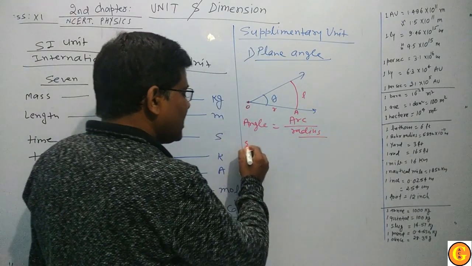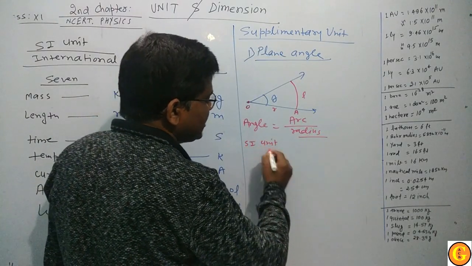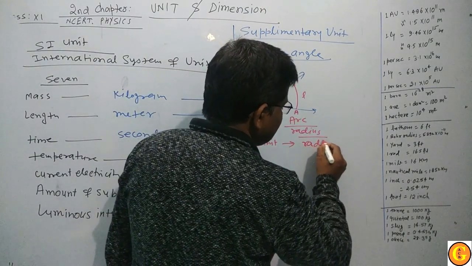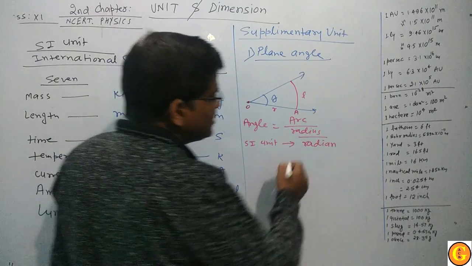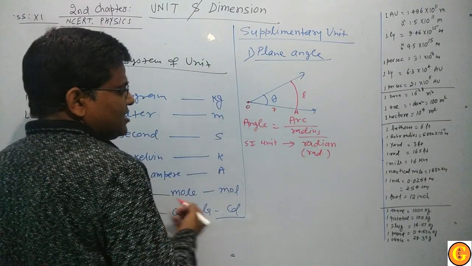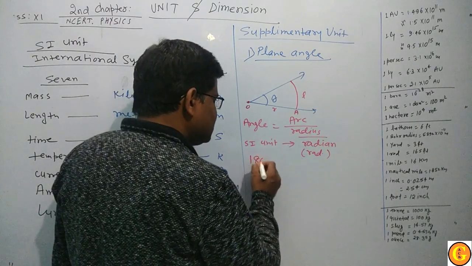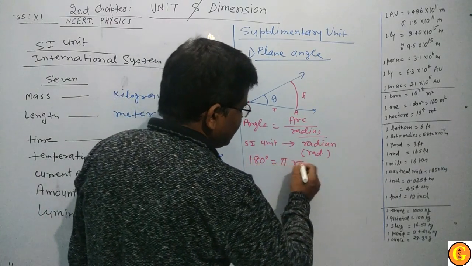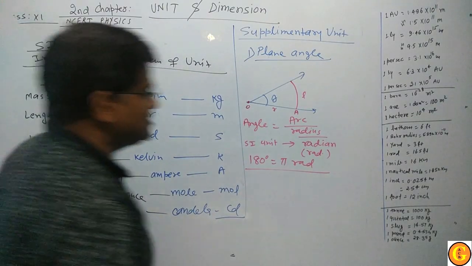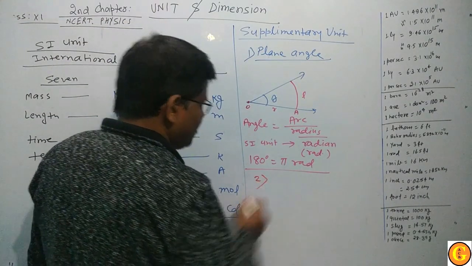Its SI unit is the radian, abbreviated rad. And 180 degrees is equal to pi radian. This is the supplementary SI unit.